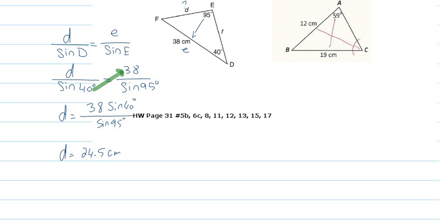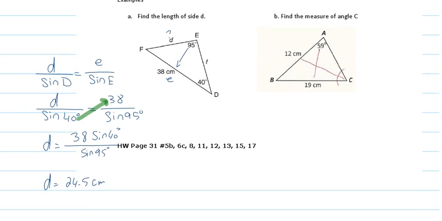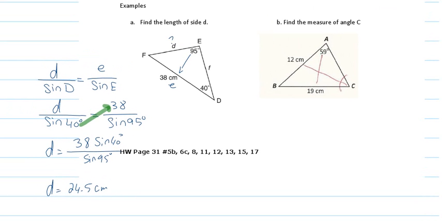Okay. Are we okay with this? Now, let's look at the second example. The second example is asking us to solve for angle C. Okay? So in this case, I have two sides and an opposite angle.